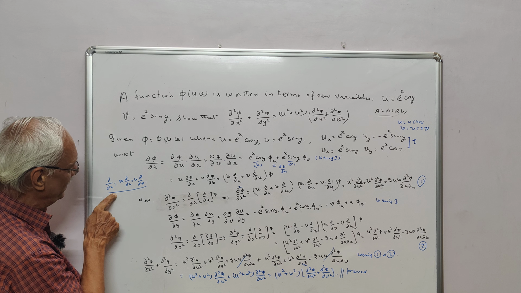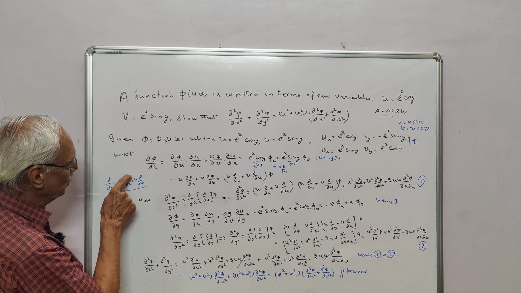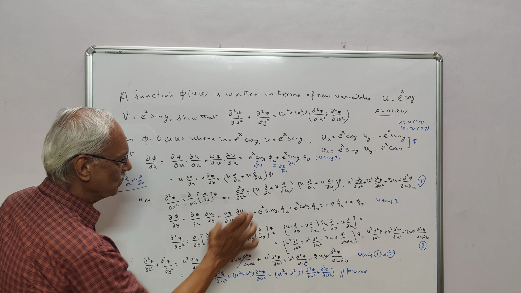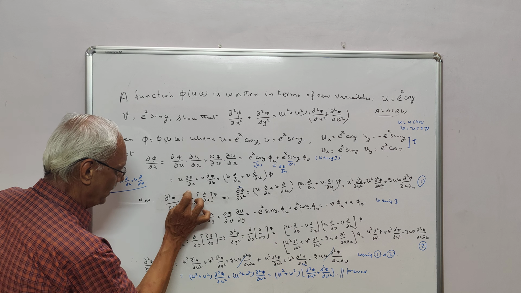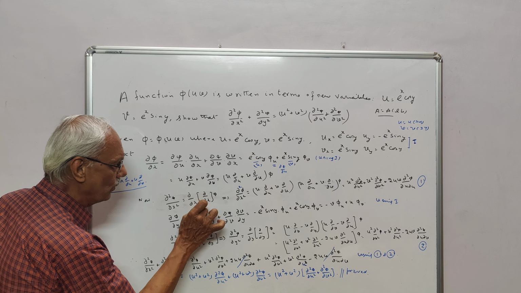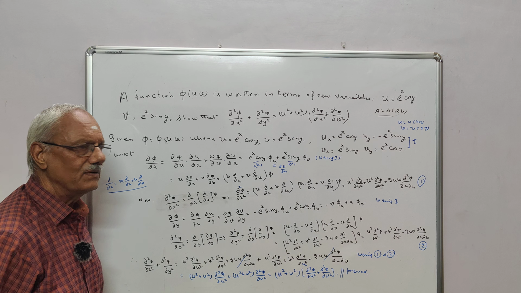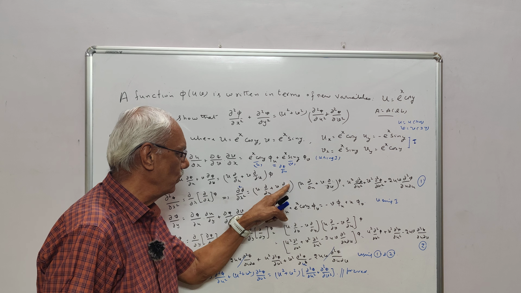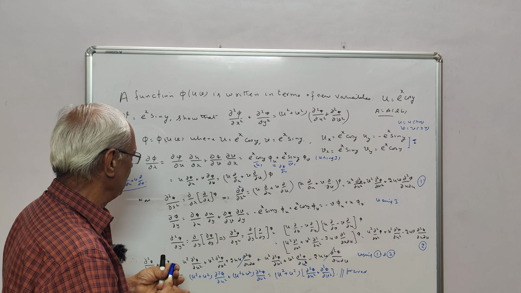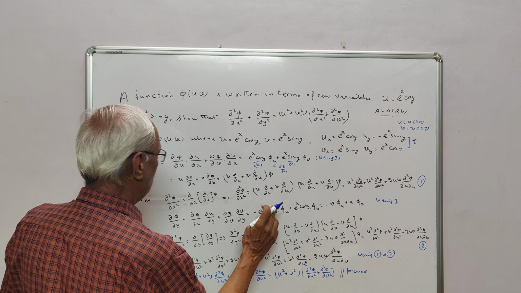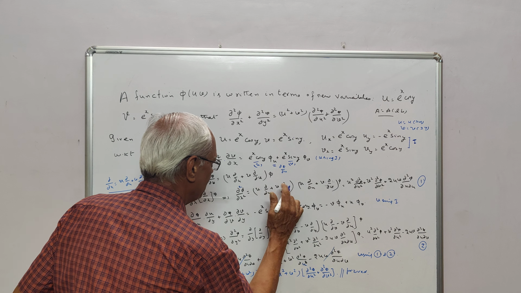As I have written here, dou by dou x is equal to u into dou by dou u plus v into dou by dou v. So in the place of dou by dou x, I can write this, and in the place of the other dou by dou x, I can write the very same again. That is u into dou by dou u plus v into dou by dou v.